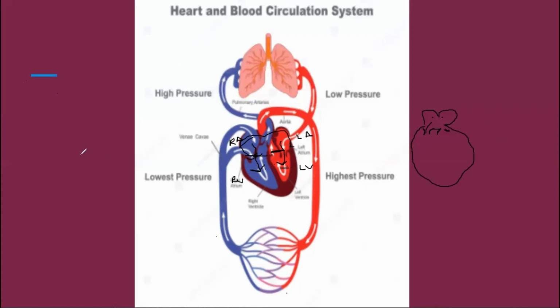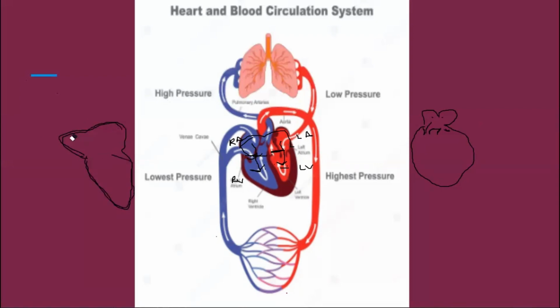Before that, the atria relax. When the ventricles contract, they become smaller in size and the atria become bigger. The ventricles are squeezing, pushing the blood out of them.